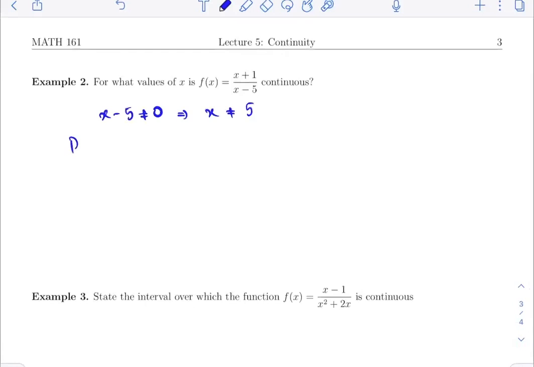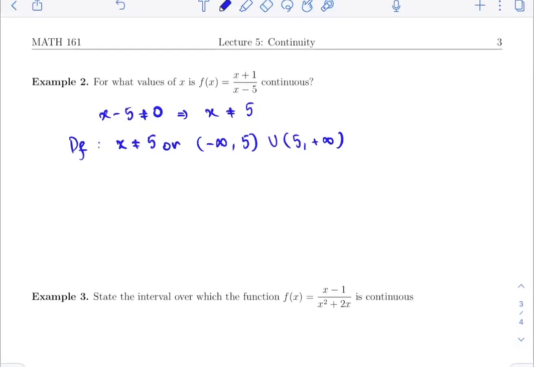Therefore, the domain of the function is x different from 5, or from negative infinity to 5, union with 5 to positive infinity. So this allows us to identify the intervals of continuity.